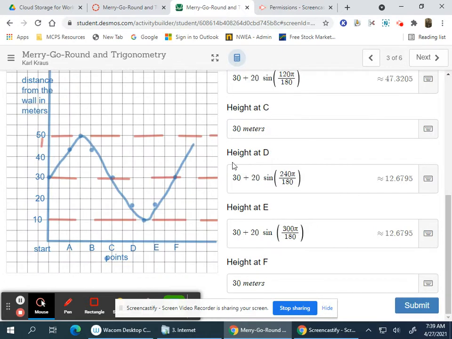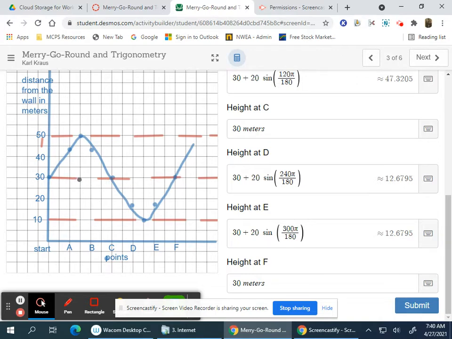So if I wanted to graph the situation, the maximum, draw a dashed horizontal line at the maximum 50, and then the minimum 10, and then the center line. And so at time 0, or at the start, I'm at 30 meters, and then at F, I'm at 30 meters. At C, I'm 30 meters.